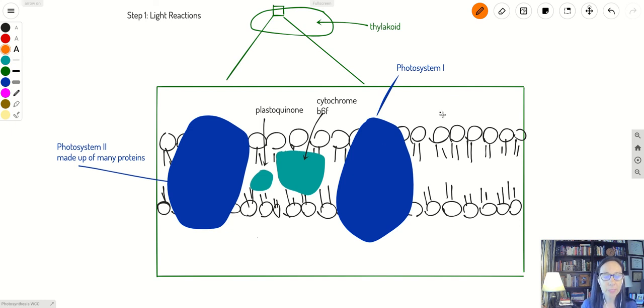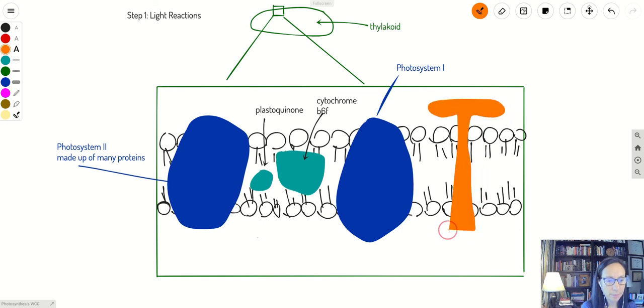But I do have to add this last one. And this one is very important. And so I'm going to draw it like this. It looks like this. And this one is a big protein, and it's actually an enzyme, and it's a very important enzyme. And it goes all the way through the membrane.